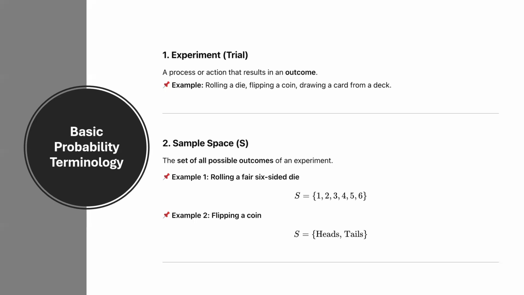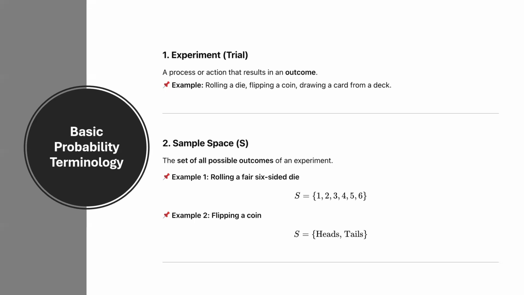Now the second important thing is the sample space. You must remember I took one example of sample space when I was talking about heads and tails. For rolling a fair six-sided die, how many possible outcomes are there? A die has only six sides, so one, two, three, four, five, six are the possible outcomes of rolling a die.